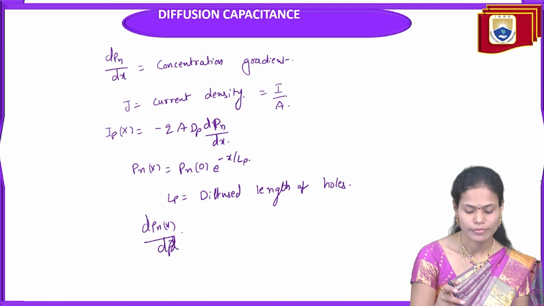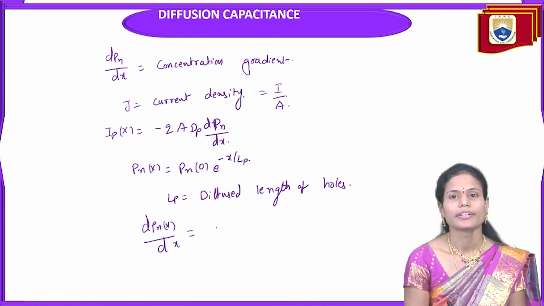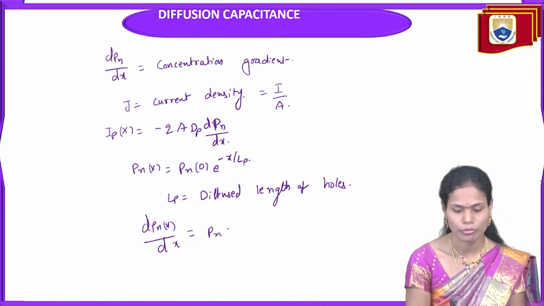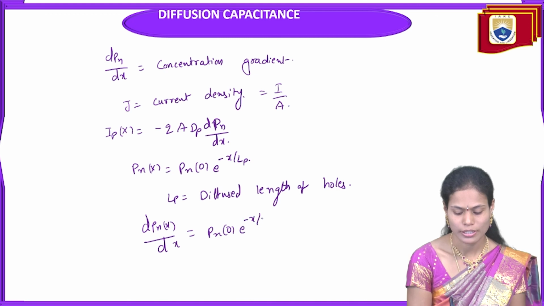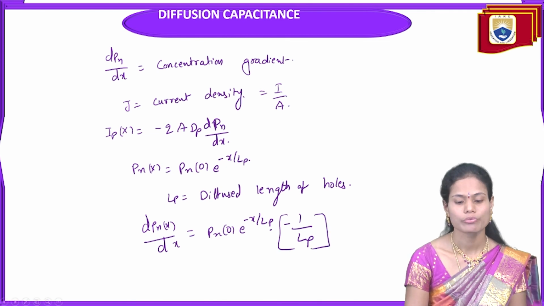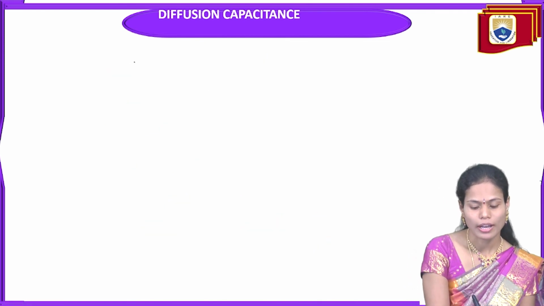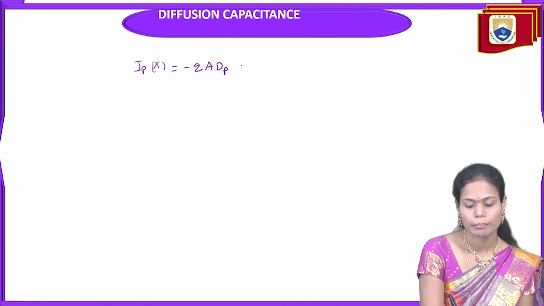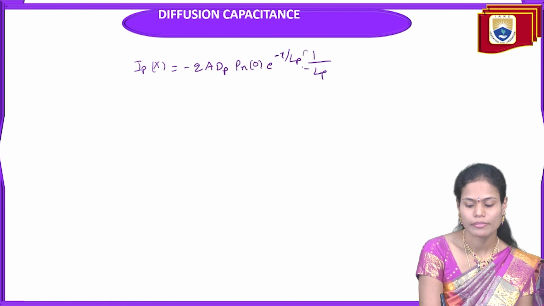So if I write dPn of x by dx, it is equal to Pn of 0 e power minus x by Lp into minus 1 by Lp. So we can write Ip of x is equal to minus QA Dp Pn of 0 e power minus x by Lp into 1 by minus Lp.